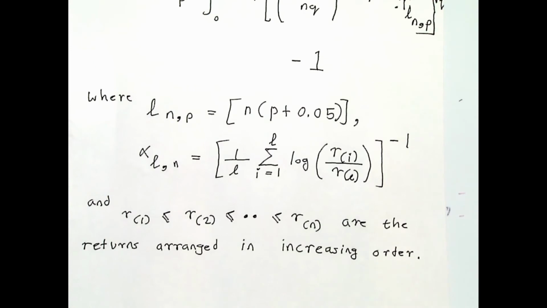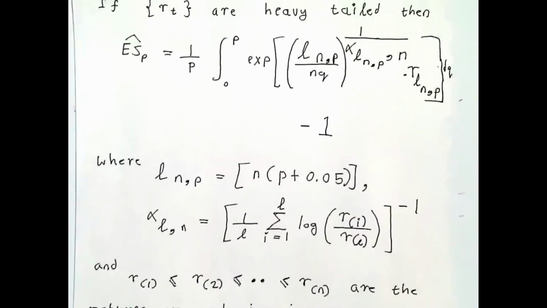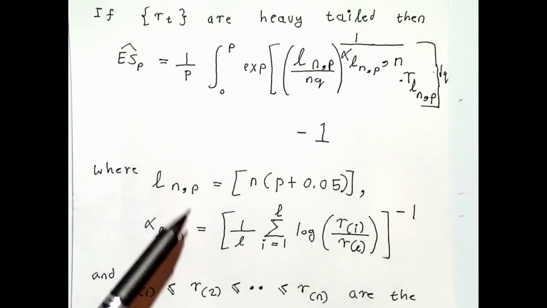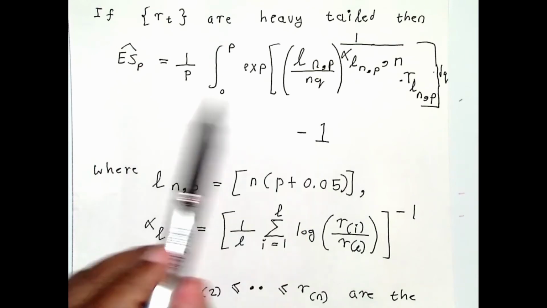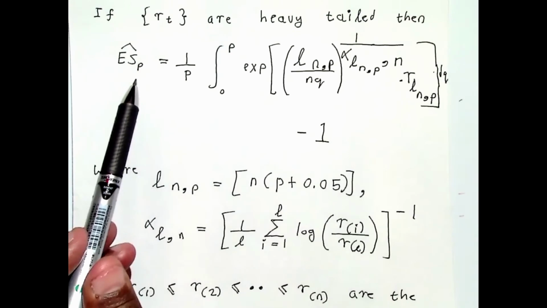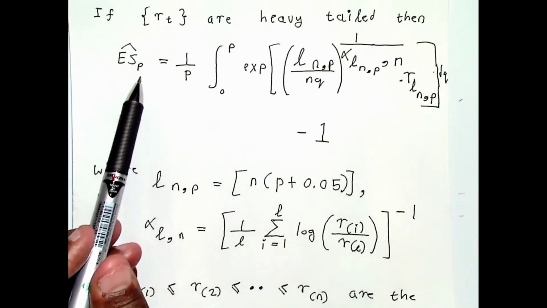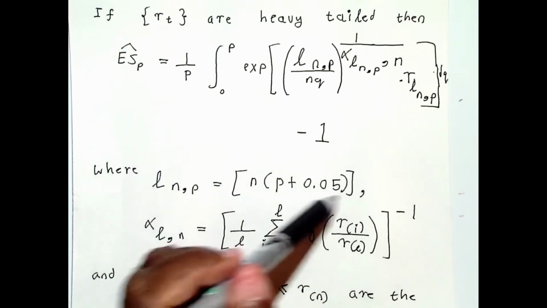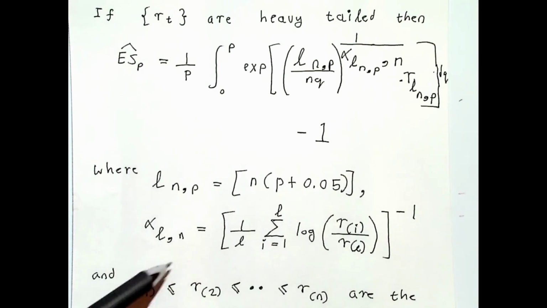Okay. All right. So I know it looks like a complicated expression, but this expression gives an estimator for expected shortfall, where L_n p is the integer part of this. Alpha hat L comma n is given by this, right?